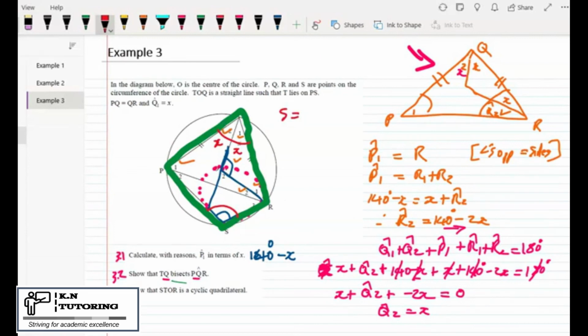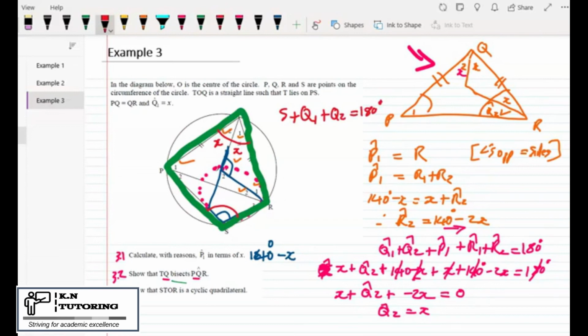Let me rather say S plus Q1 plus Q2 is equal to 180 degrees. What is the reason there?